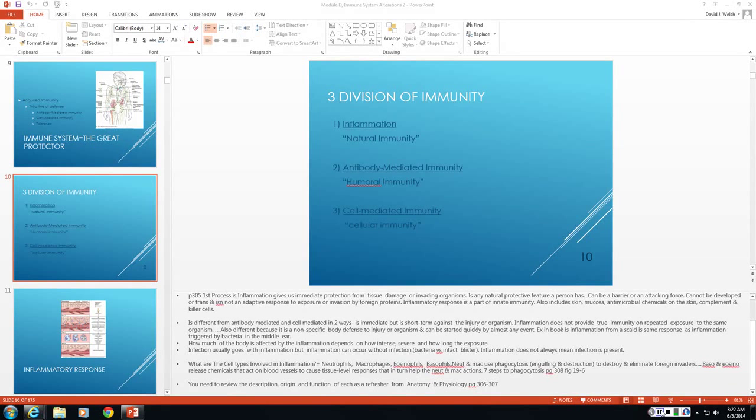Now, how much of the body is affected by the inflammation depends on how intense or severe, and how long the exposure is. So, infection usually goes with inflammation, but inflammation can occur without infection. Okay? Infection usually goes with inflammation, but inflammation doesn't necessarily have to go with infection.